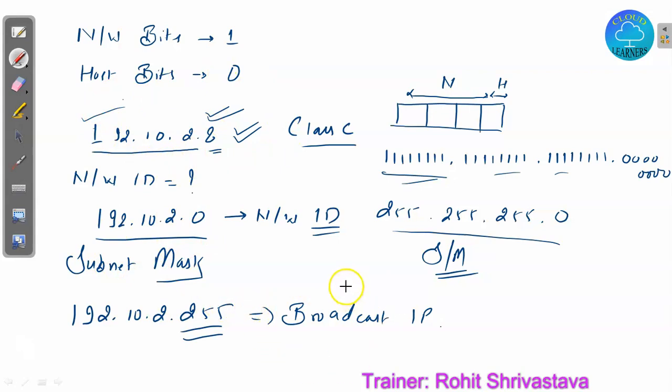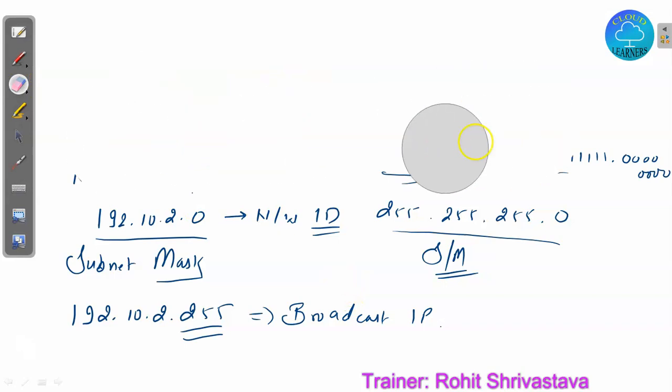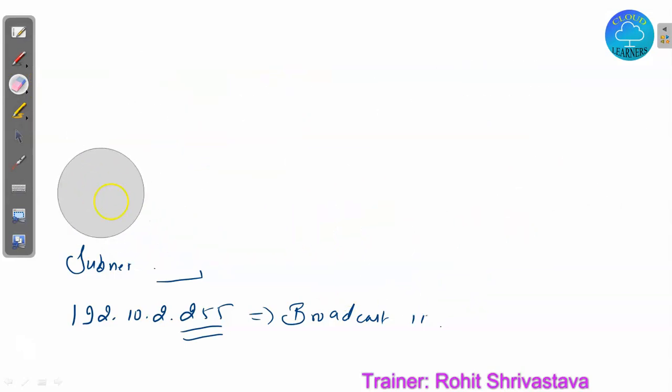So this is how you can identify the network ID, subnet mask and broadcast IP. Now I'm going to give one IP to all of you and I expect that you will give me the answer. What will be the network ID, the subnet mask, and the broadcast ID for the same.